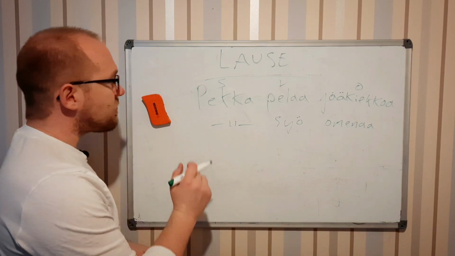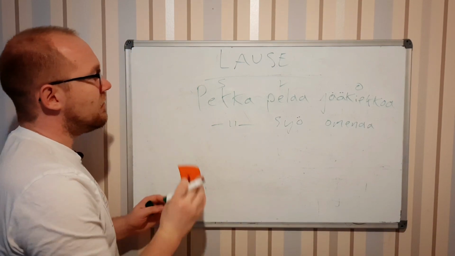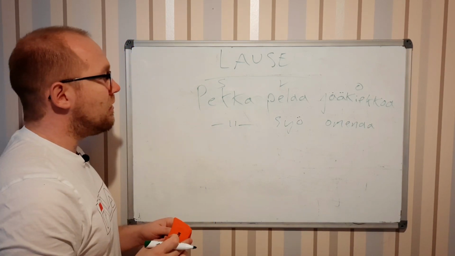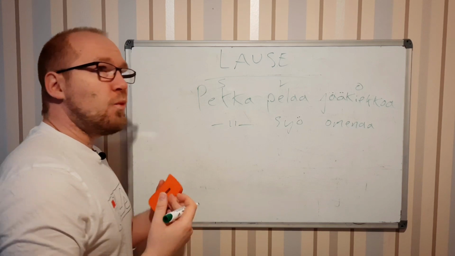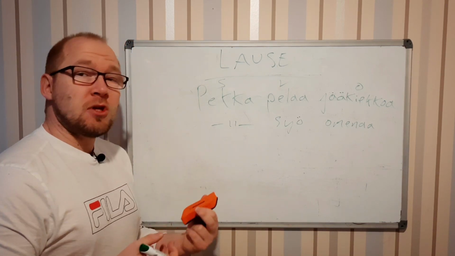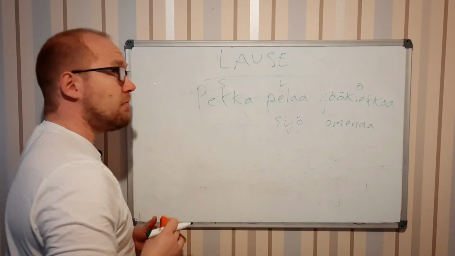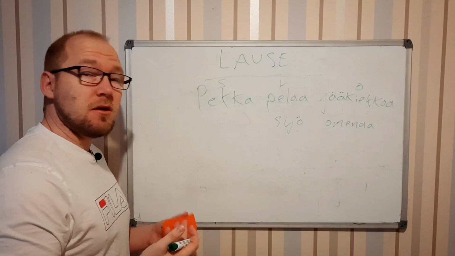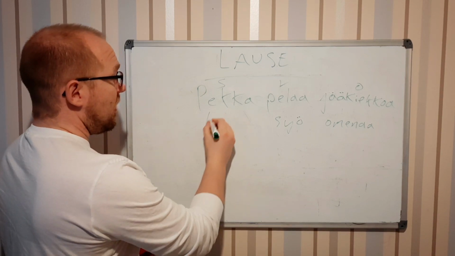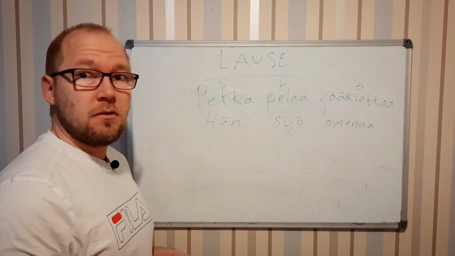Okay, now let's say that we have Pekka here, but then we know we have language and we can use personal pronouns. Okay, let's think about that, how to change these sentences an easy way. Okay, hän syö omenaa.